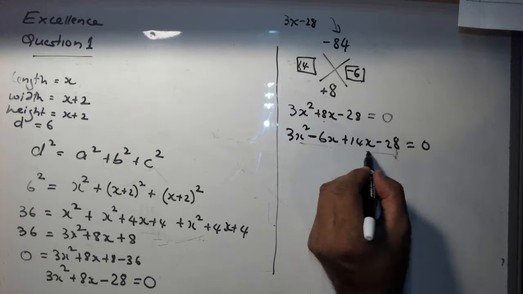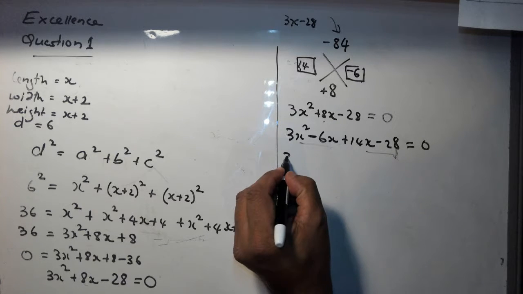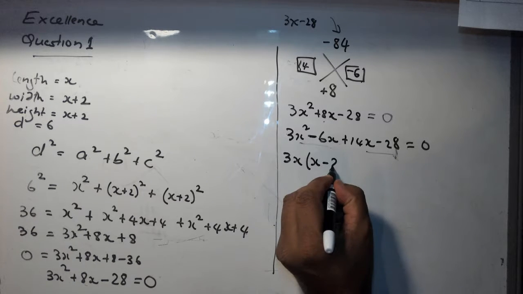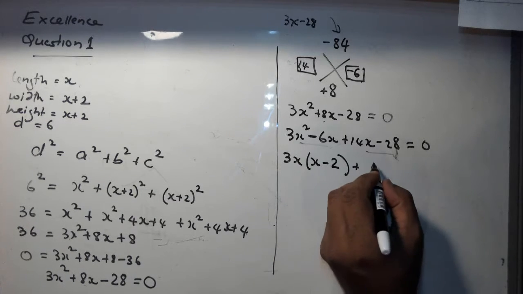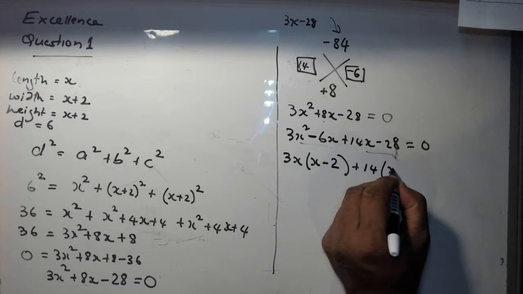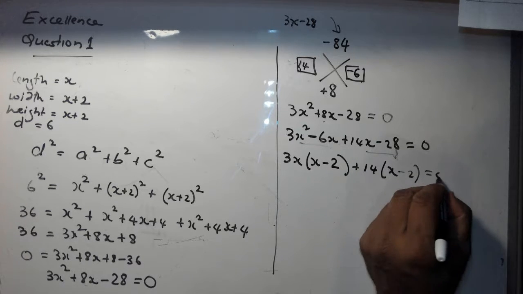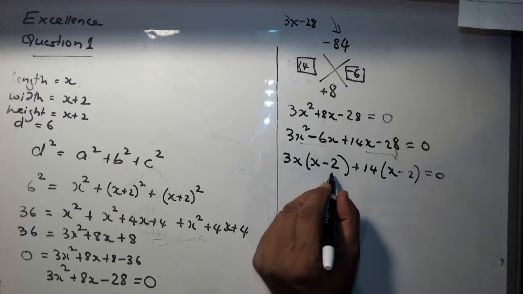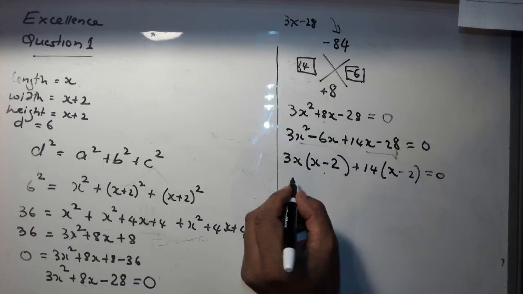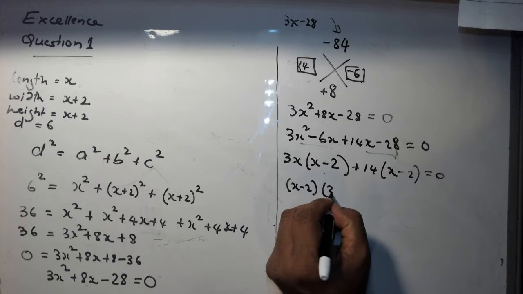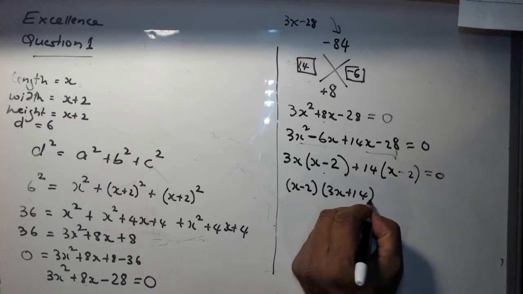And group and factorize. So this is going to be 3x into x minus 2 plus 14 into x minus 2 is equal to 0, and the common factor over here is x minus 2, so it will be x minus 2 into 3x plus 14 equal to 0.